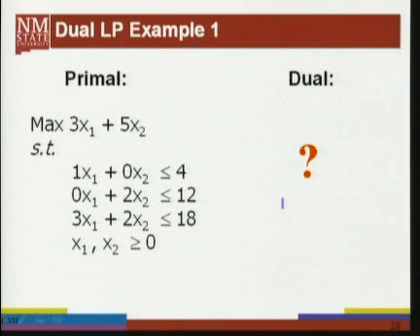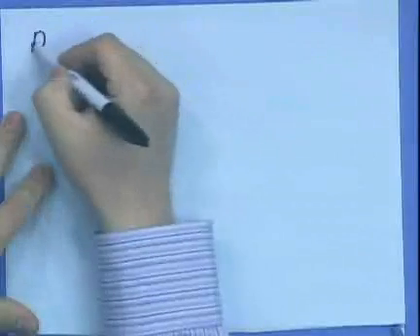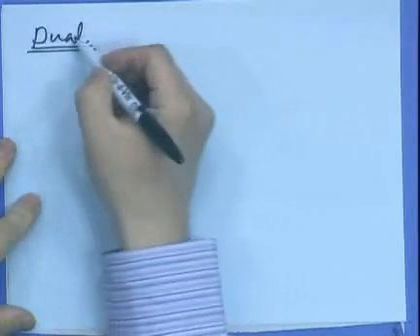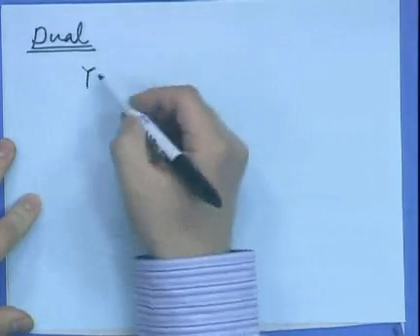Okay, then let's take an example. Let's construct a dual problem given the primal LP like this. Because the primal problem has three constraints, the dual problem must have three decision variables. So let's say y is the dual variables.